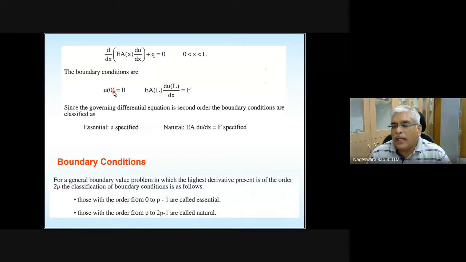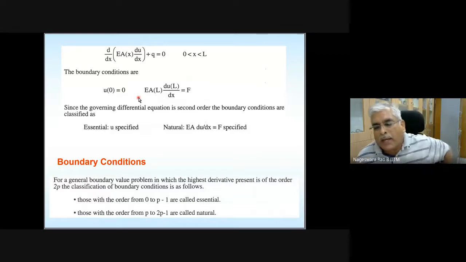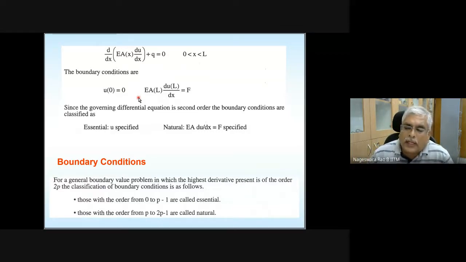Okay, and this 0th order equation is called essential boundary condition. And please note that these two conditions for this particular problem, this is a solid mechanics problem, are related to the boundaries, so they are called boundary conditions. This 0th order boundary condition is called essential boundary condition.